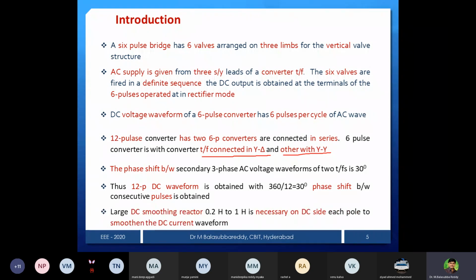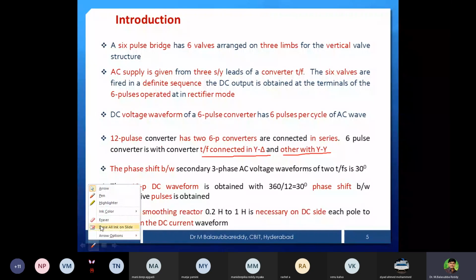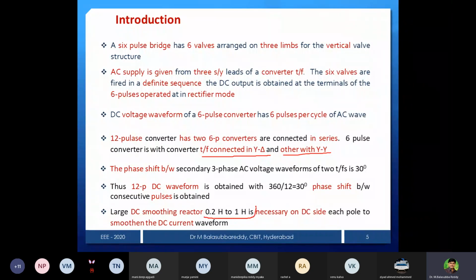And the large smoothing reactor, as I mentioned, this reactor is very large. You can see that it is 0.2 Henry to 1 Henry. The size of this will be very large and costly, and it is necessary on the DC side for pole smoothing of the DC current waveform. As you are aware, whatever output you are getting is not exactly a DC straight line.